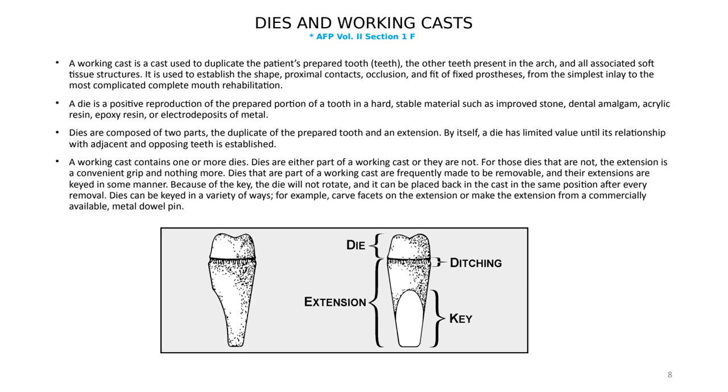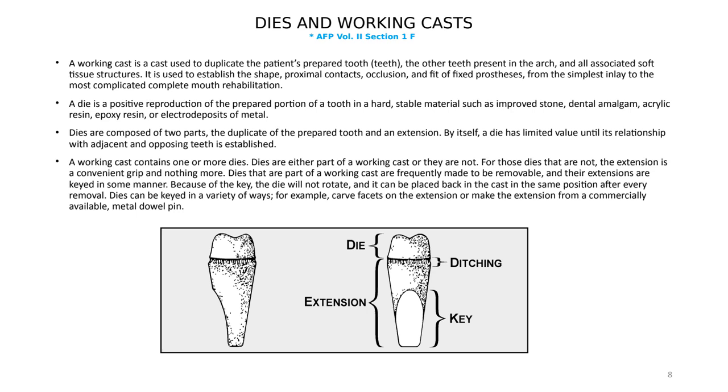Okay, and now how do you know how that wax up relates with what the patient has in their mouth, since we don't have anything else? It doesn't, right? So without having the adjacent teeth and the opposing teeth, we really can't do anything in terms of constructing a functional and aesthetic restoration.